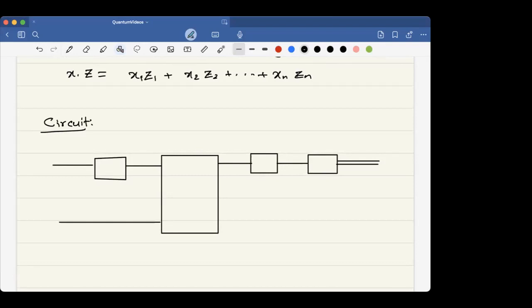The top set of qubits is actually not just a single wire.